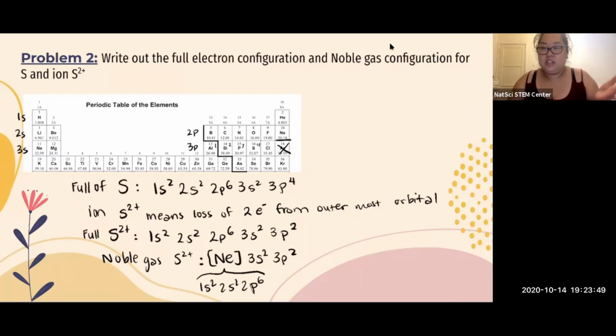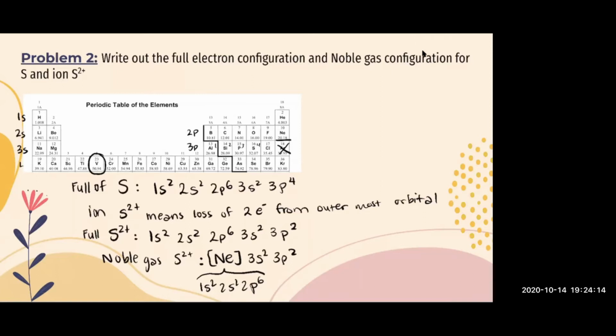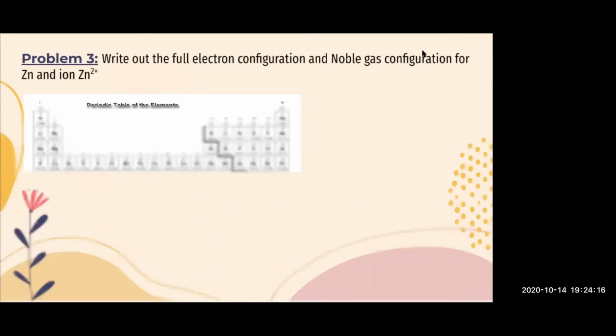Let's say you have to go all the way to the d orbital, or you're writing the electron configuration of V. You don't have to write everything out, you just write the things in the 4s orbital, in the 4th energy level. Do you see what the noble gas is used for now? Yes, I think so. Thank you.